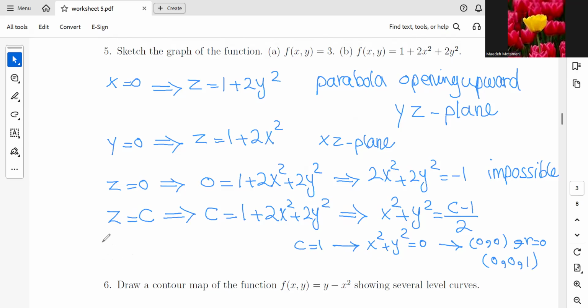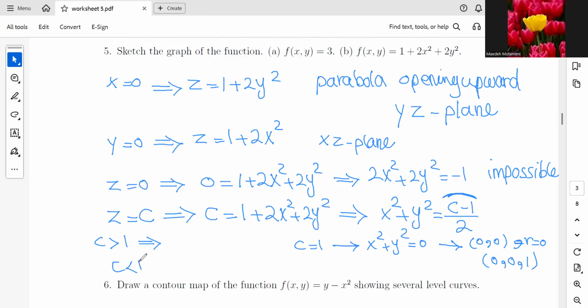Another case is when c is more than 1. When c is more than 1, it means that c minus 1 here will be a positive number. And when c increases, the amount of c minus 1 is increasing as well. When dividing by 2, that would be increasing as well. So the radius increases, the center would be the same because we have x squared plus y squared. And it means that the circles that we would have here are going to be larger and larger.